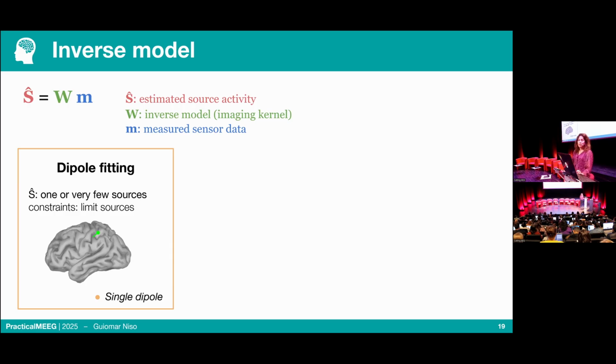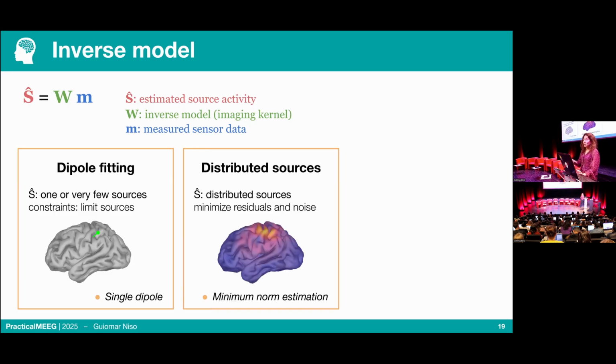For this, we have the single dipole that maybe you have heard of, and another approach is to do distributed sources. For distributed sources, we want to minimize the residual and the noise of the data. In this category, where we don't have just a few sources but estimate at each point throughout the brain, we have methods like the minimum norm estimation and approaches like LORETA or dSPM that maybe you have heard of also.